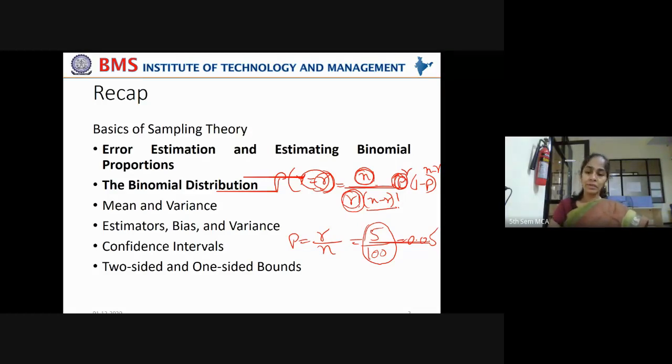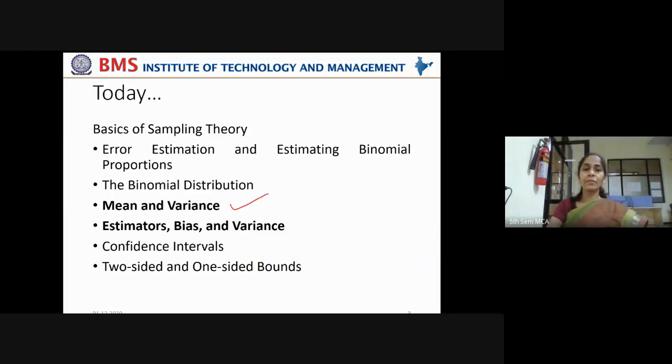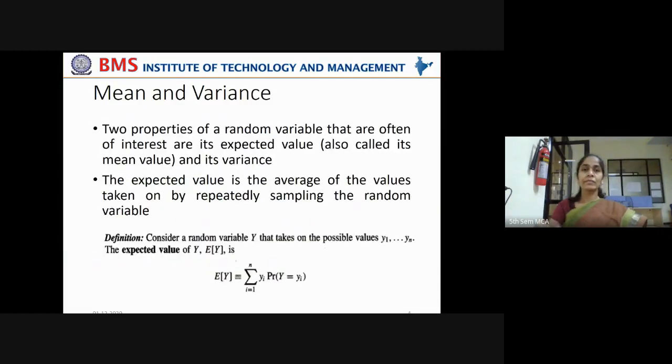Right? Now, in today's class, we are going to see measures like mean and variance, what an estimator is, and what the bias and variance related to an estimator are. The two properties of a random variable that are often of interest are its expected value and its variance.